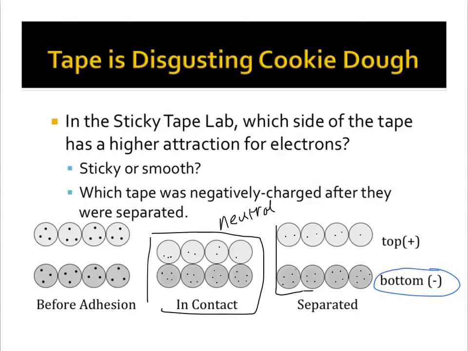When we separate them like this, the top is slightly positive because there's the same positive charge as before adhesion, but now they have fewer electrons. Down at the bottom, this is negative because we have more electrons than there were in the beginning.